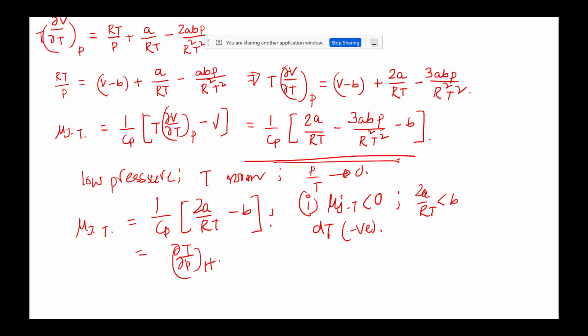So when mu JT, the Joule-Thomson coefficient, is negative, the temperature will increase. So it will be heating.